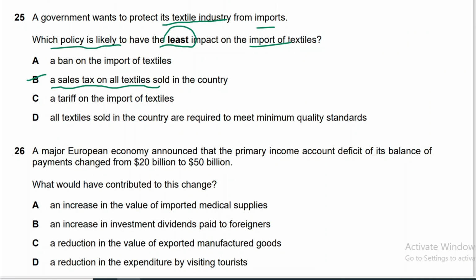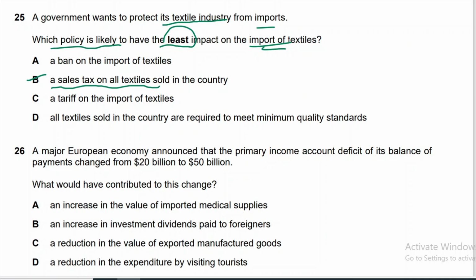So this policy will not have that much impact on the volume of imports, because people may continue importing textiles from other countries, because it is imposing taxes on local, domestic textiles instead of imports. So this policy will affect the domestic textiles but not the imported ones.